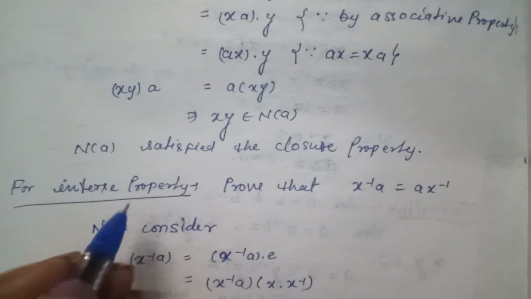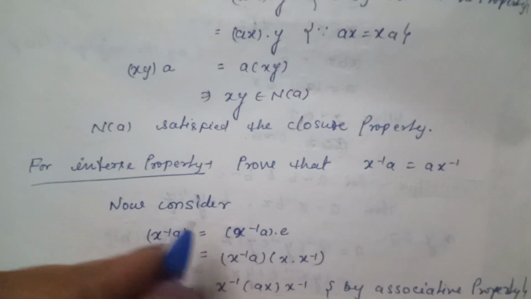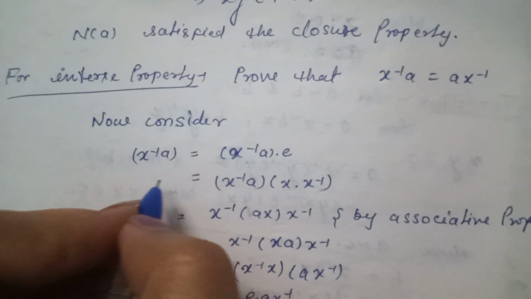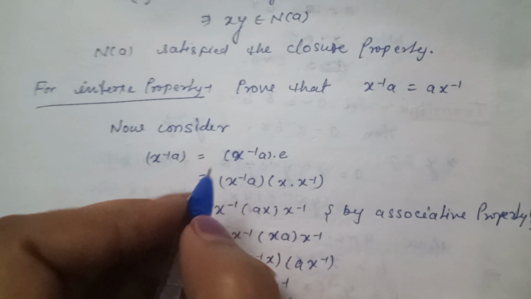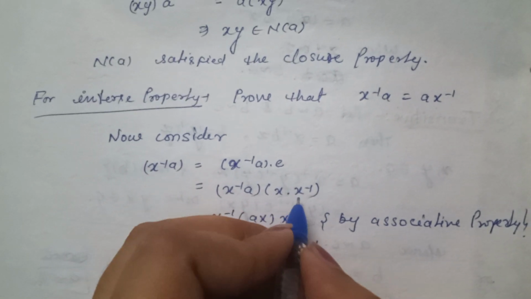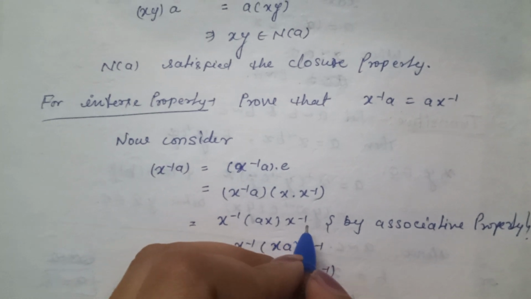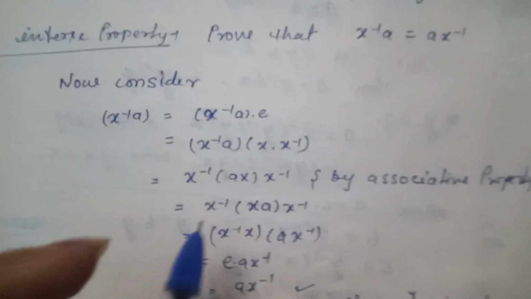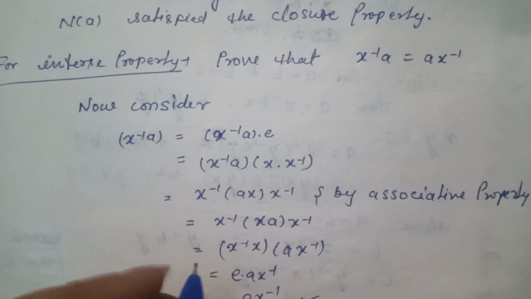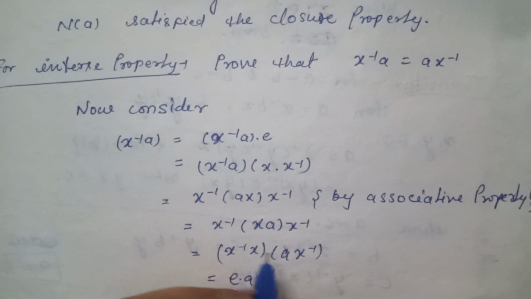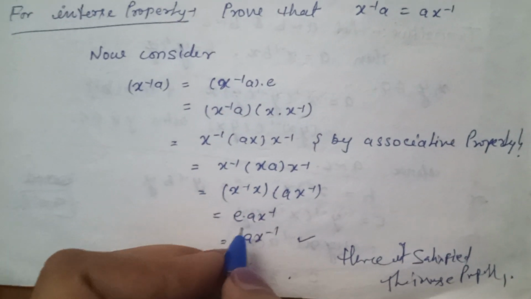For the inverse property, prove that x inverse a is equal to a x inverse. Now consider x inverse a is equal to x inverse a times e, so x inverse a (x x inverse), by the associative property, we can write x inverse (a x) x inverse, which is x inverse x a x inverse, and this x inverse x can be written as e.